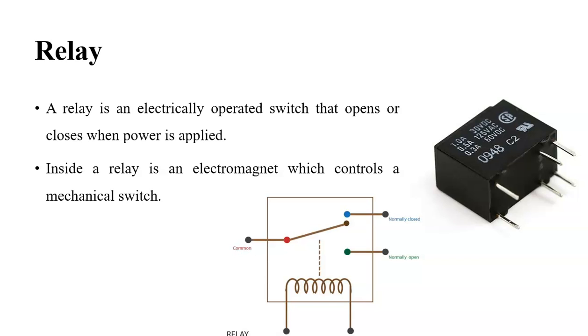As you see, the common one is the input voltage. Initially it is in the normally closed position. When the relay is energized, this position will change to the normally open position. By doing this, we can turn the relay on and off, or we can control the auxiliary devices connected to the relay.